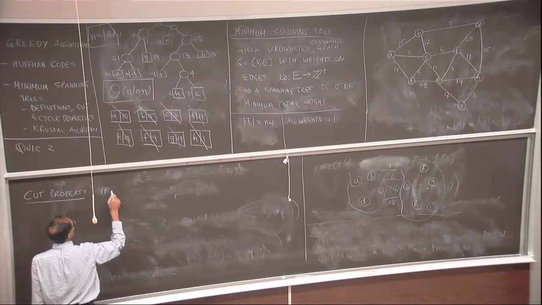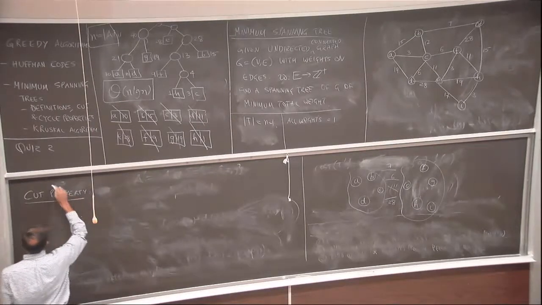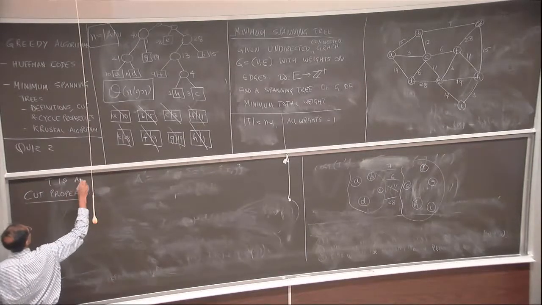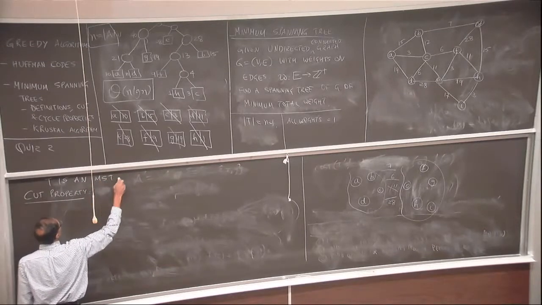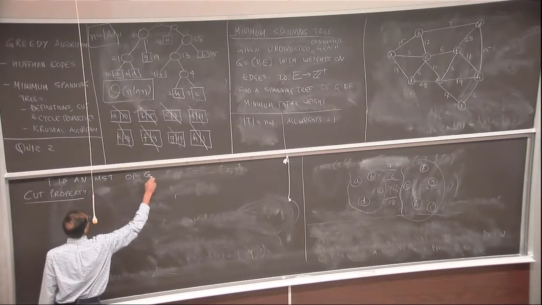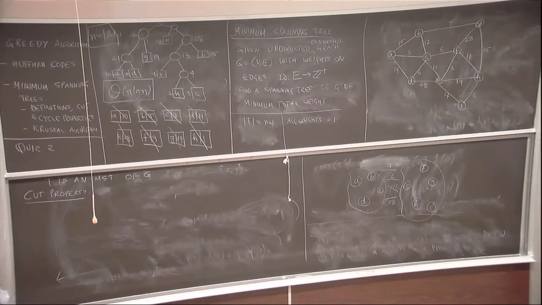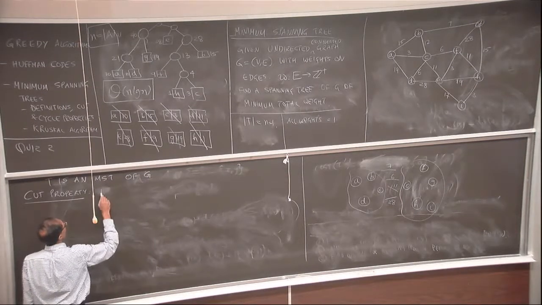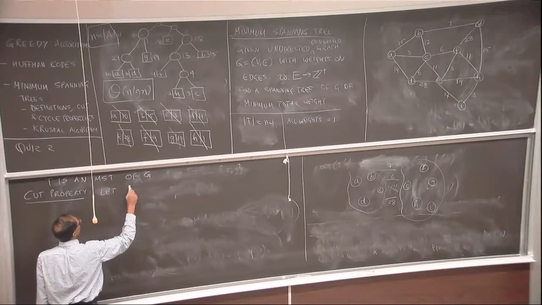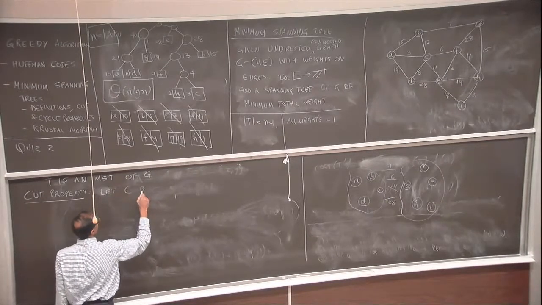So let's suppose T is the minimum spanning tree. Okay, and there could be multiple minimum spanning trees, so let's pick one minimum spanning tree. T is the minimum spanning tree. Let C be a cut.